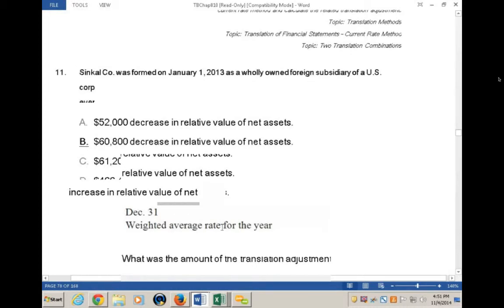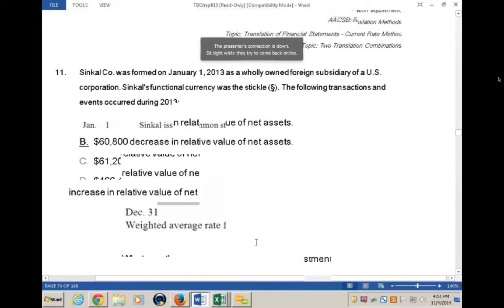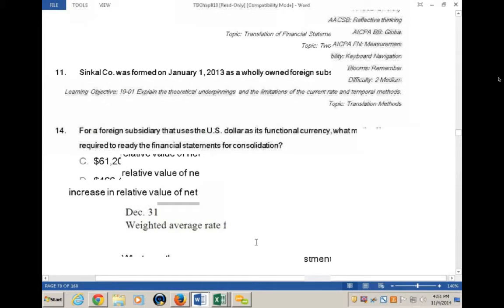And we get 6. I don't know if this one was on the homework or the next one, but it's the same question, the same numbers. With the US dollar, we use the temporal method, and luckily there are no income accounts here, so we don't have to deal with them. But what is the idea with using the temporal method here?